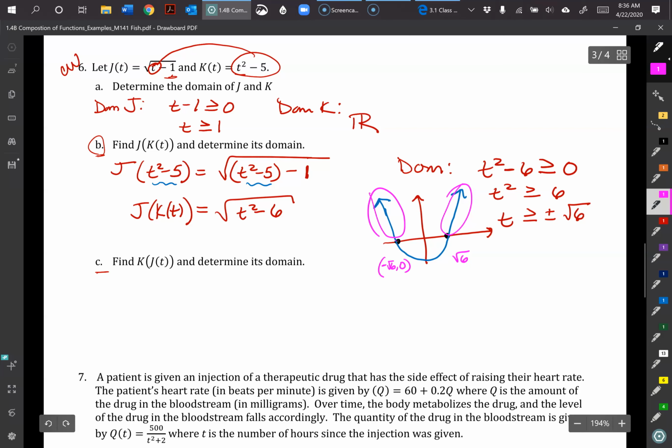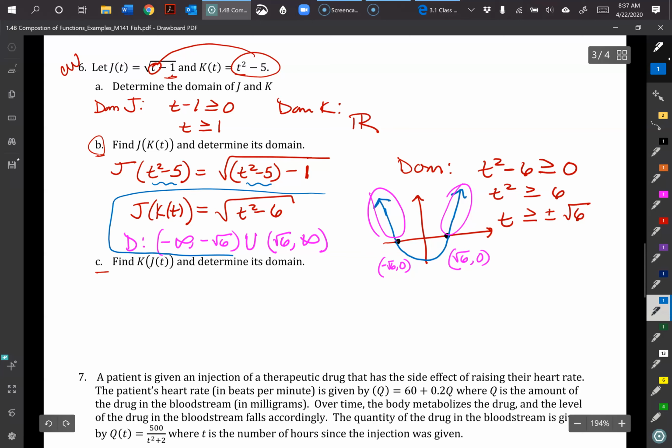This is positive root 6, 0. So my domain is going to be negative infinity up to negative square root of 6, just using interval notation for this one. You could do it as greater than or equal as well. And that would be union, and then we could also have it as square root of 6 to positive infinity. So that would be my answer for part B.